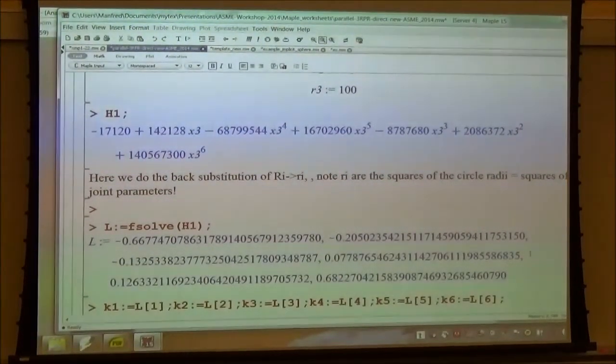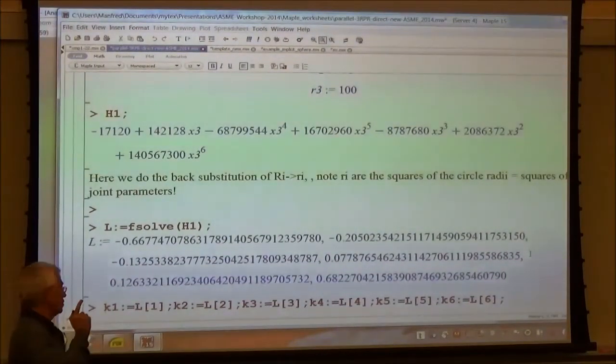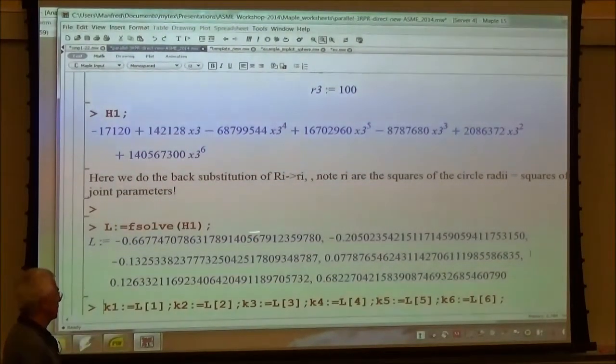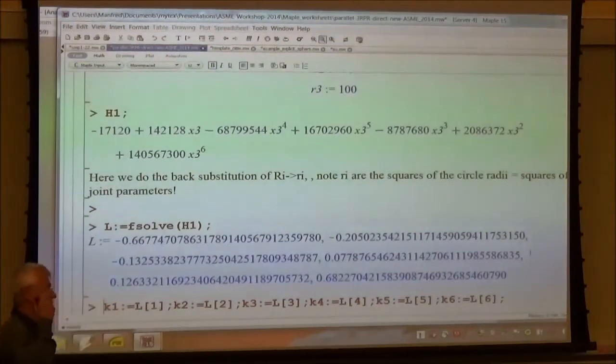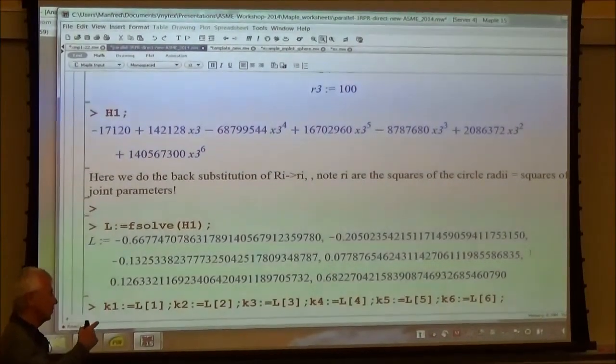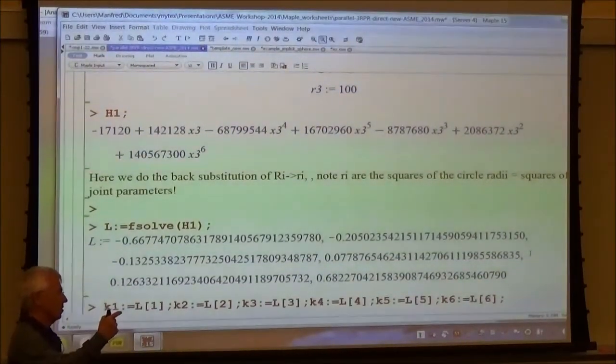And not for every parallel manipulator can you be sure that when the last univariate polynomial has only real solutions, this corresponds to real assembly modes. Because in the back substitution it can happen that you have to solve quadratic equations.